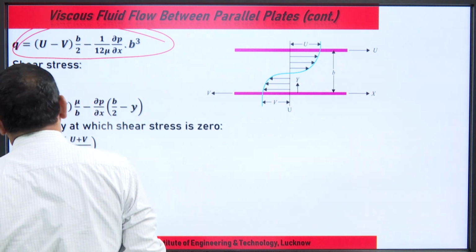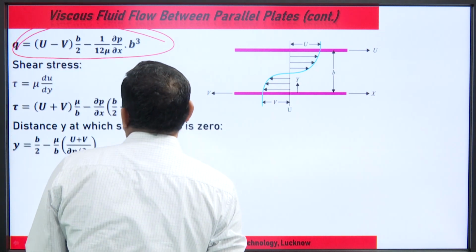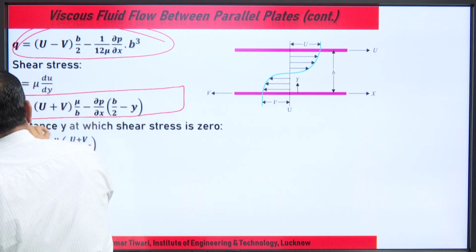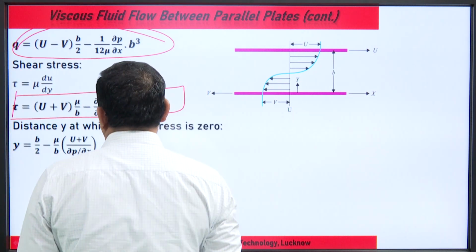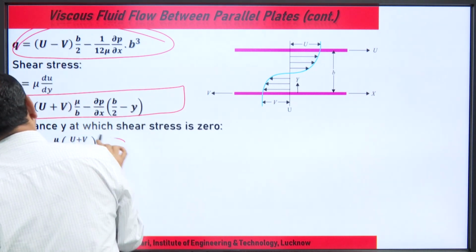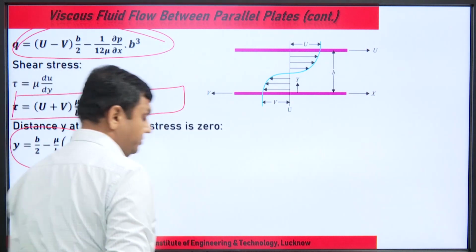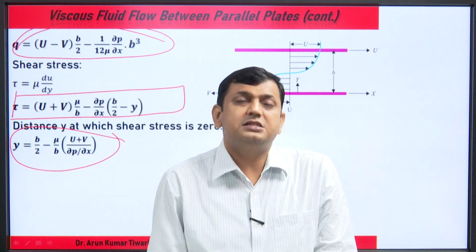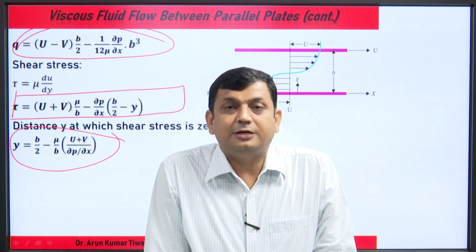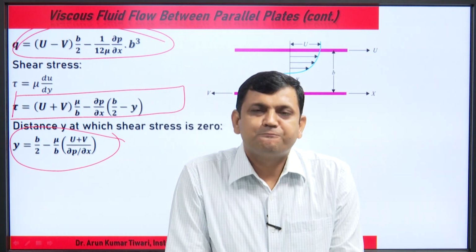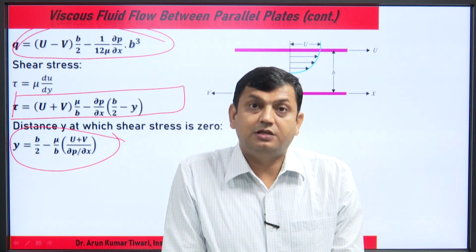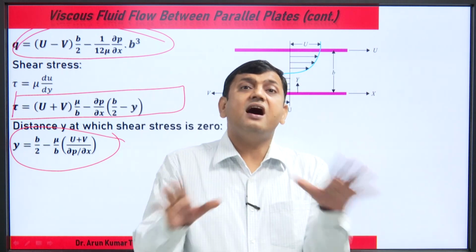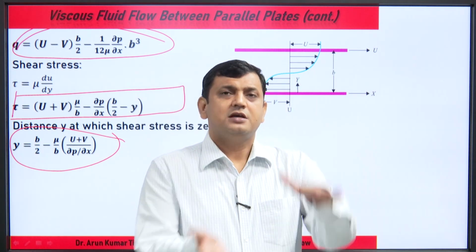Then putting shear stress, you get the shear distribution, and the distance y at which the shear is 0. So this gives all the patterns of the velocity distribution curve and the shear stress distribution in all the cases.